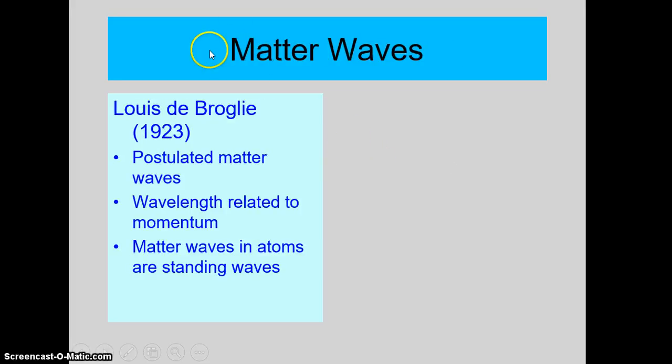In 1923, this guy named Louis de Broglie made a prediction about matter. He said that, well, if it's true for photons, maybe there is a wavelength of matter itself.